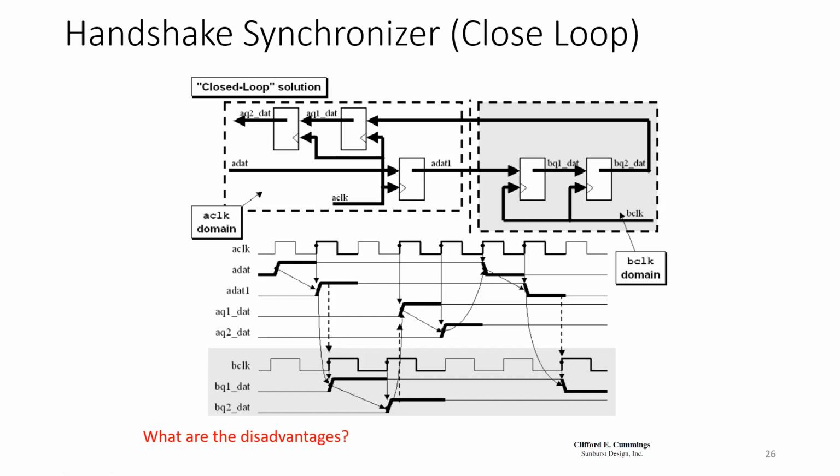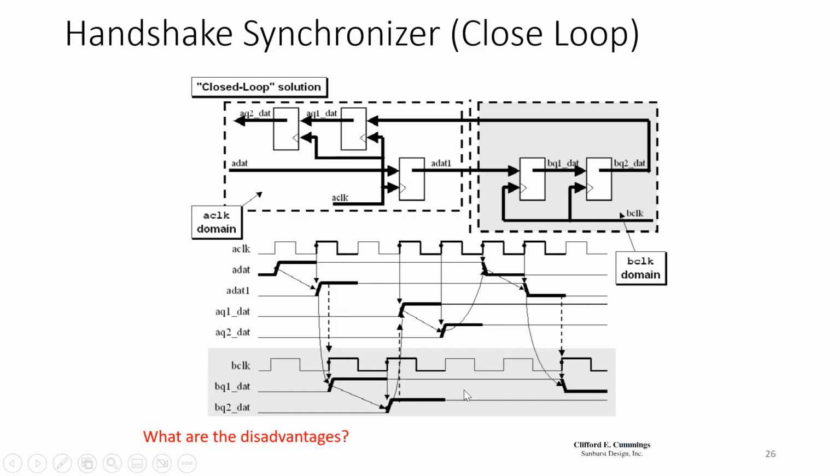So BQ1. I have A data 1 in this format. When A data 1 is high and I have here a rising edge, what will happen? Then the BQ1 data will go high. Now, BQ1 is here. What about BQ2? At the next rising edge, BQ2 will go high.